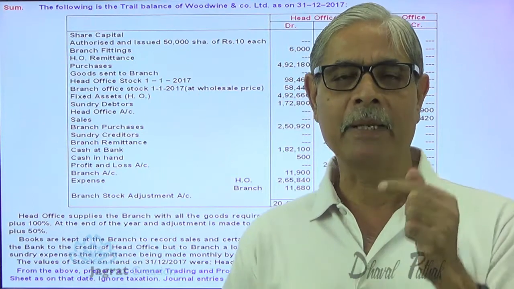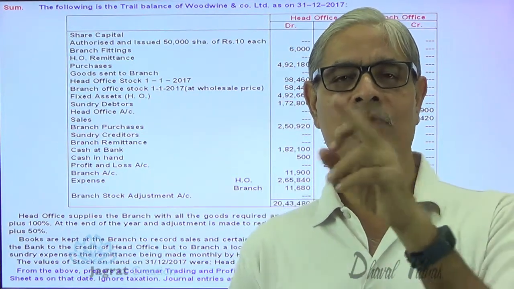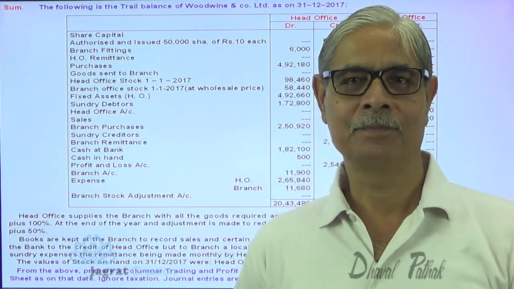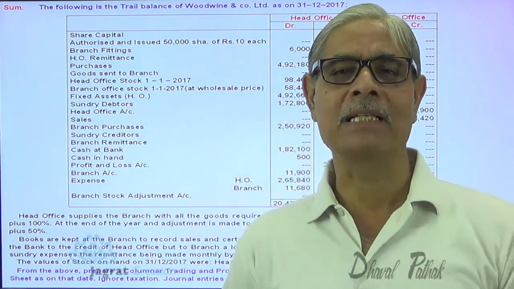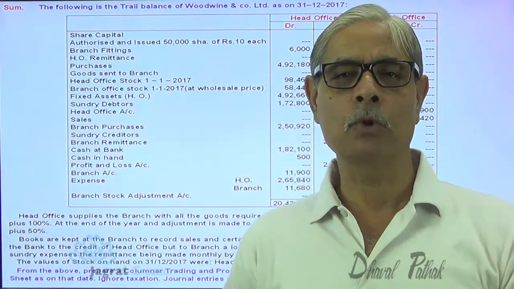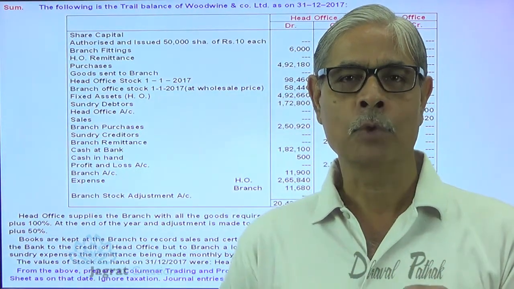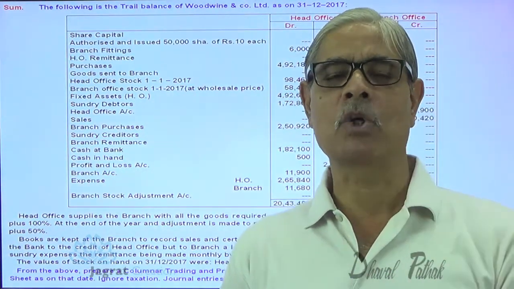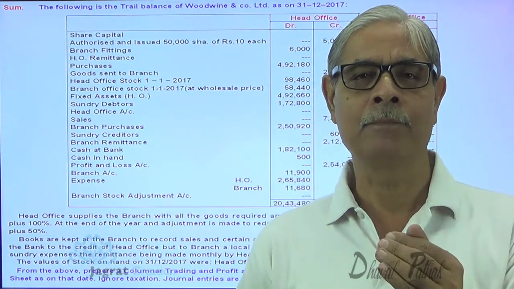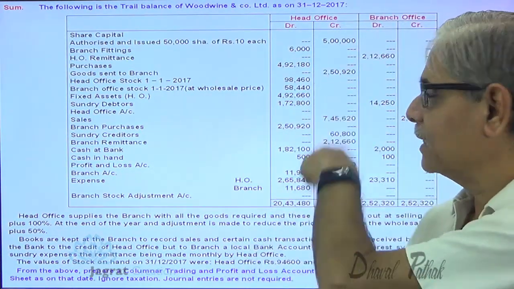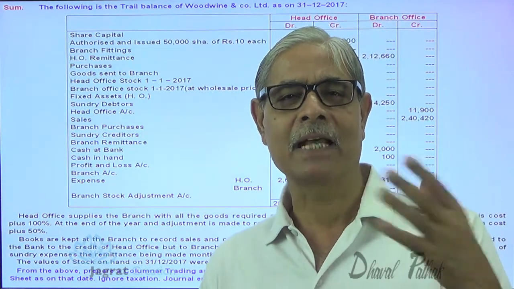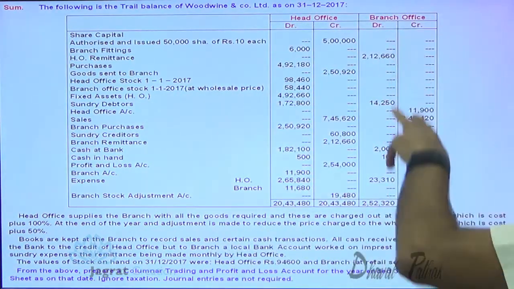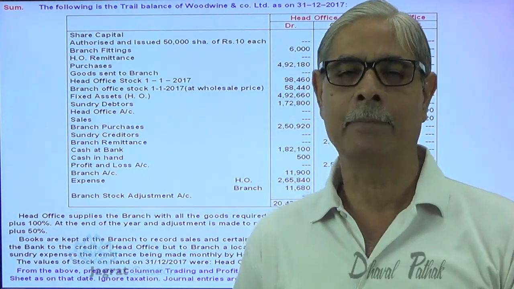So in the case of a dependent branch, when the goods were sent to the branch, the entry made in the books of HO under the stock and debtor system was branch stock account debit to goods sent to branch account. Only that principle of stock and debtor system is being followed by this HO, except that all other expenses are paid by the branch and the branch has prepared its independent trial balance, so it's an independent branch.